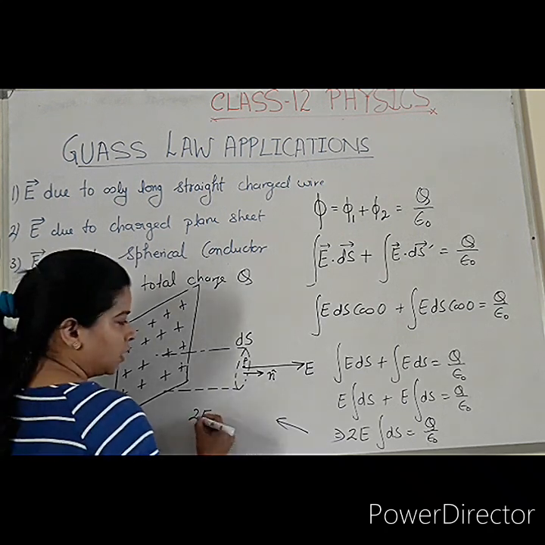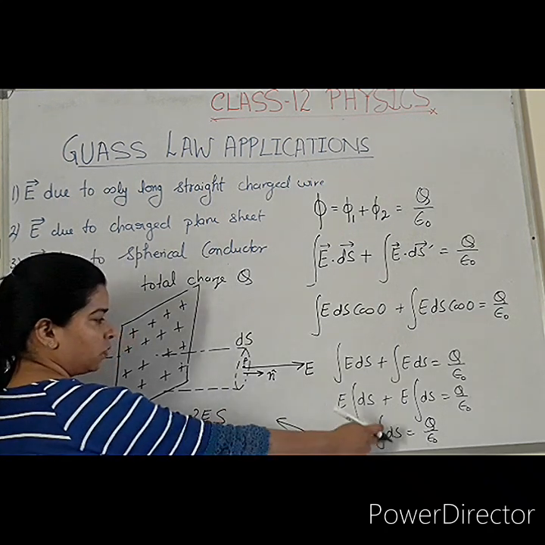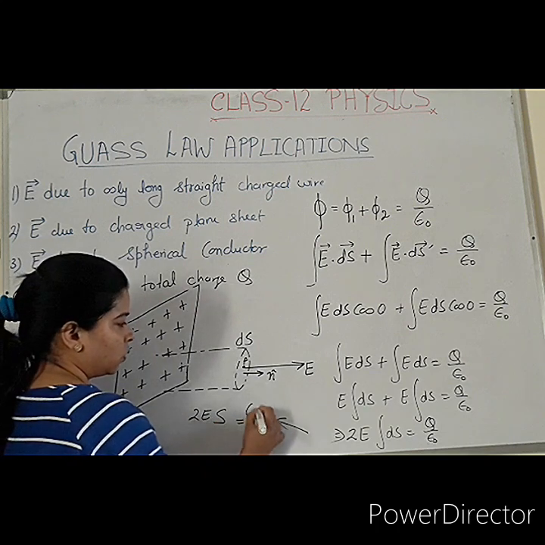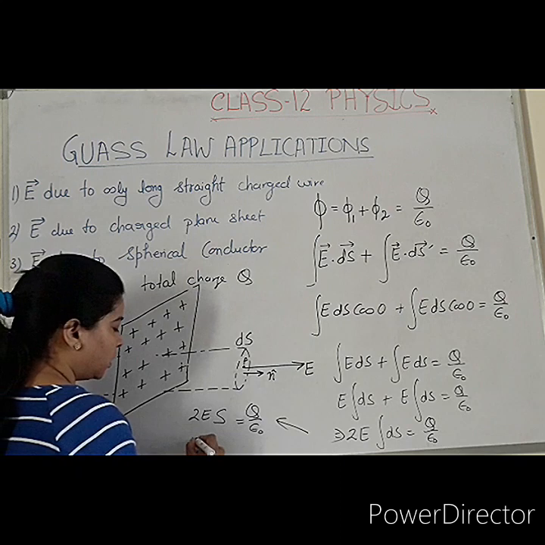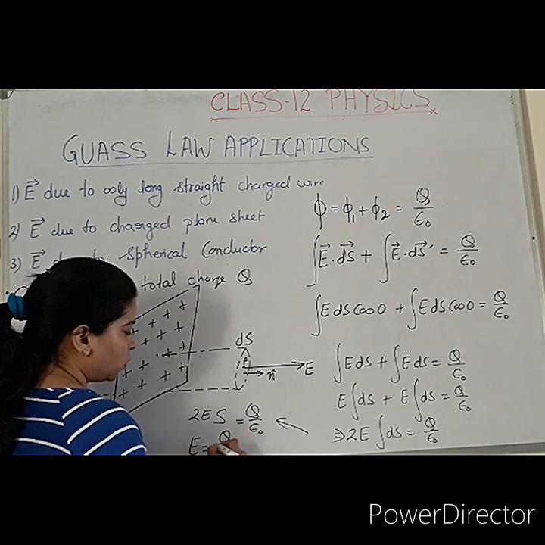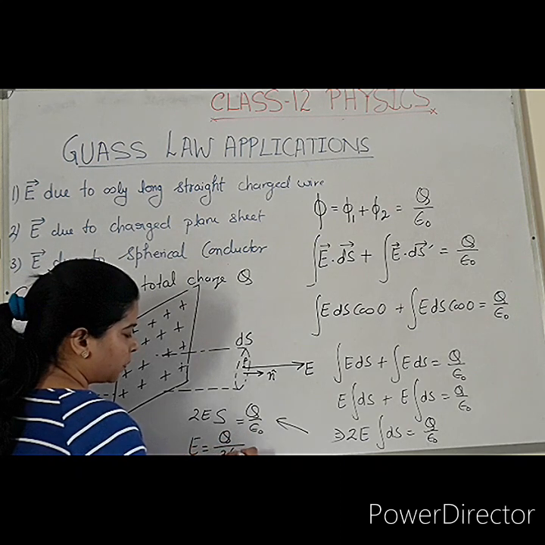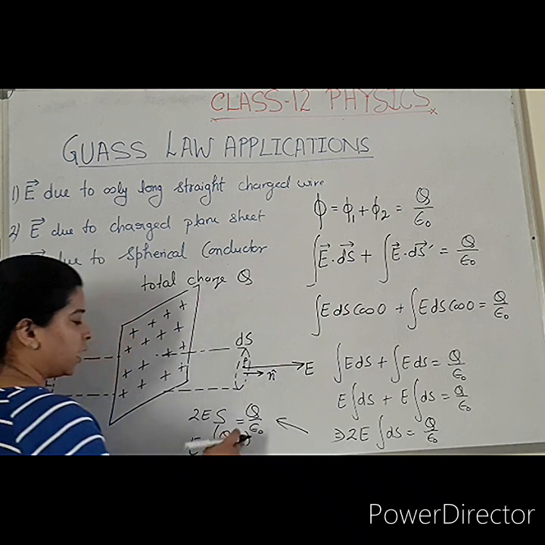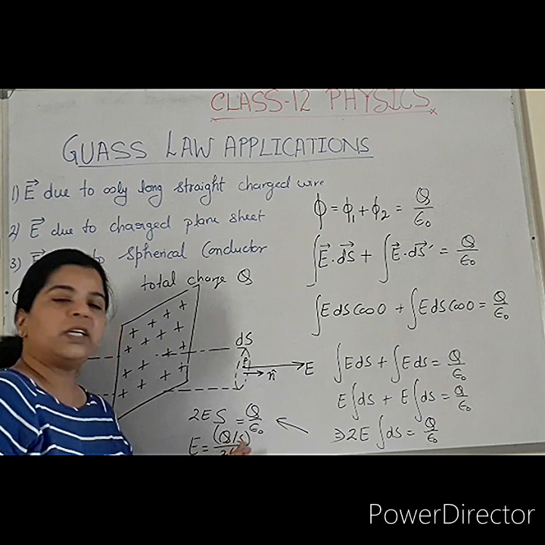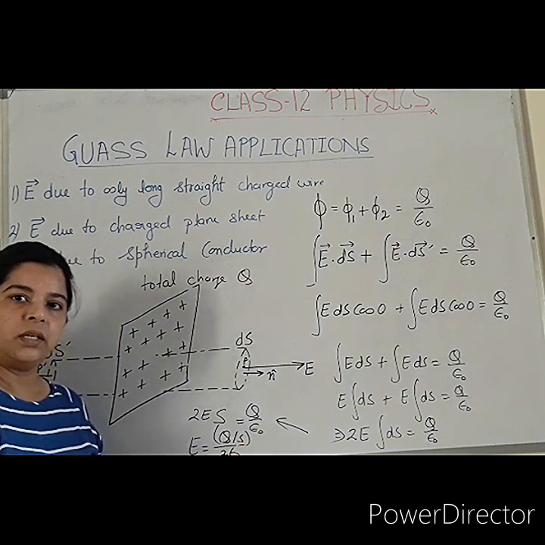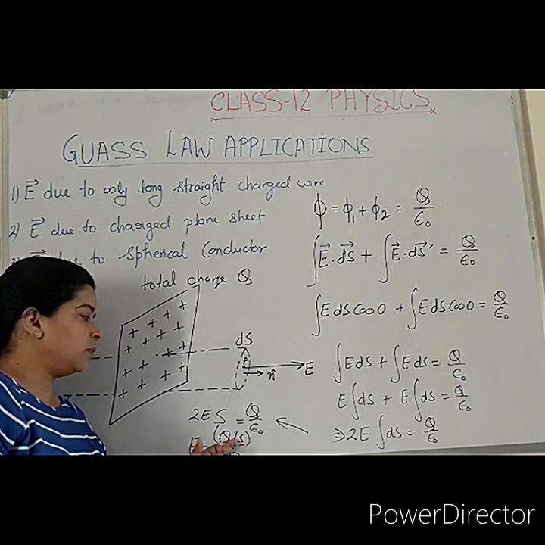So here 2E and the integration of this whole value is S, that is equal to Q by epsilon naught. So what is the value of E now? E is equal to Q divided by 2 epsilon naught, and this S I have taken in the denominator, so charge divided by surface area. What is the value of this term?